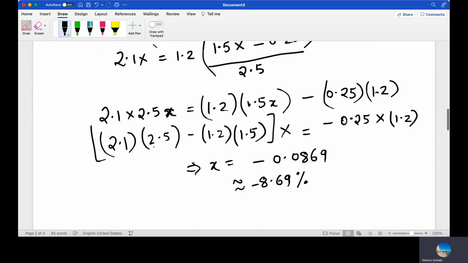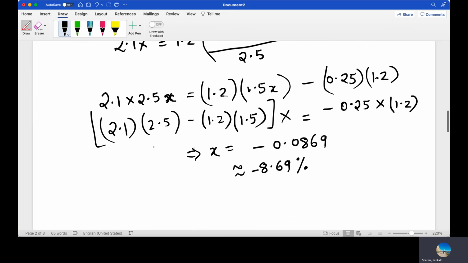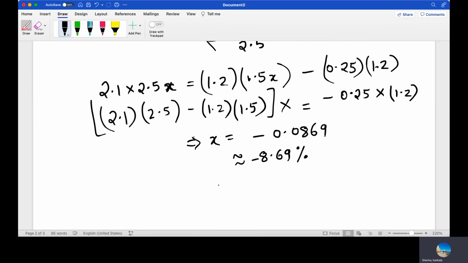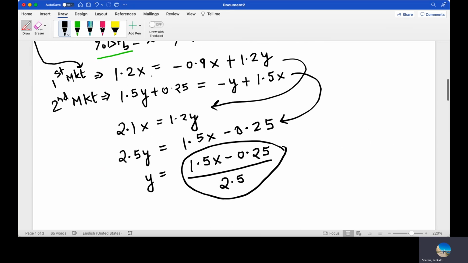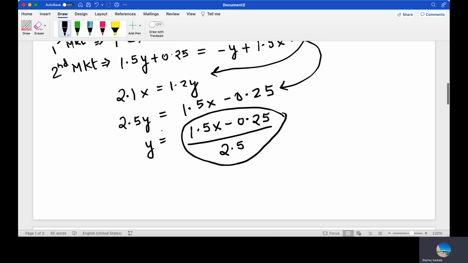And then what is our y? So once you solve for x, you can just plug it into this equation. It's just more convenient.